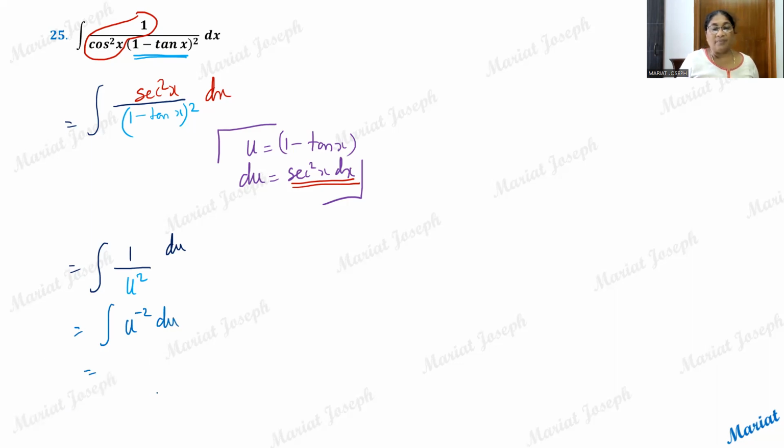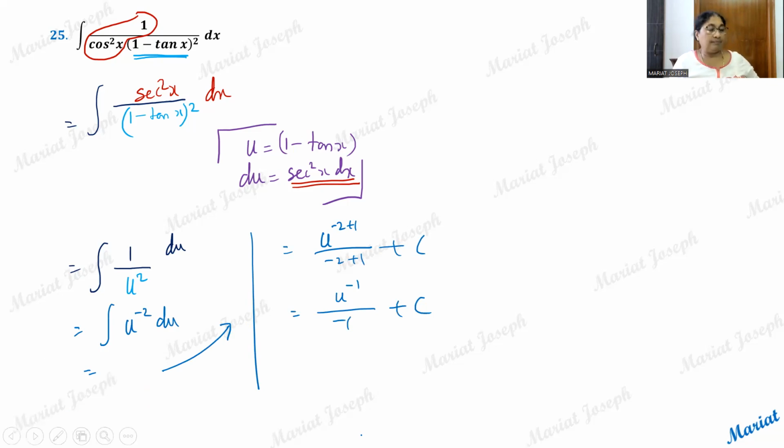That is, u raised to the power minus 2 plus 1 upon minus 2 plus 1. And what is minus 2 plus 1? Minus 1. U raised to minus 1 upon minus 1 plus c. U raised to power minus 1 means 1 upon u, so it is minus 1 upon u plus c.